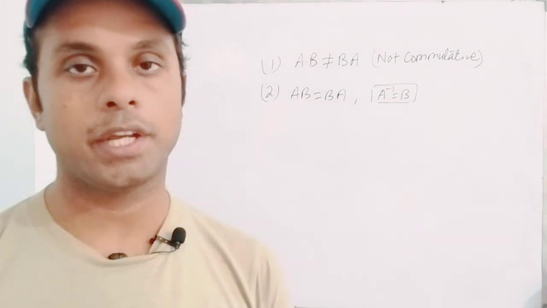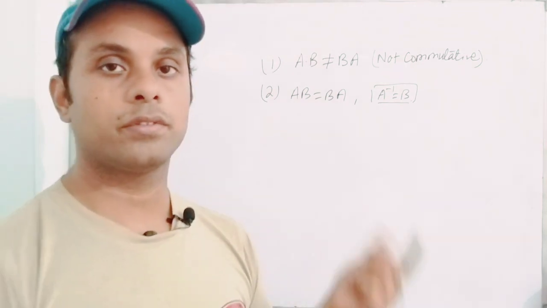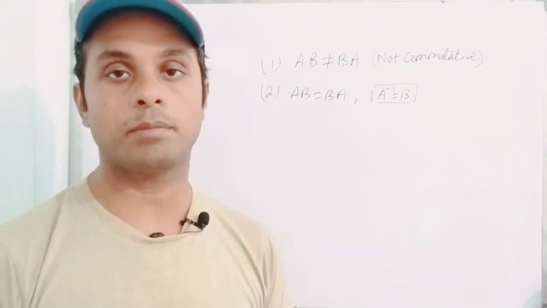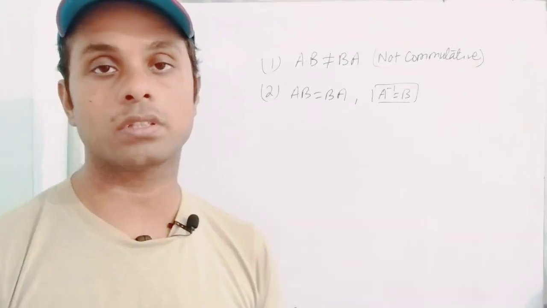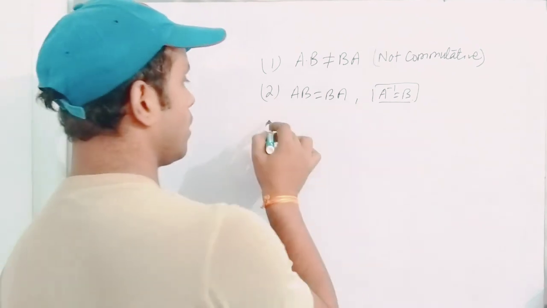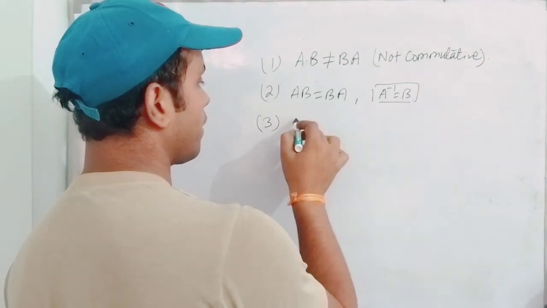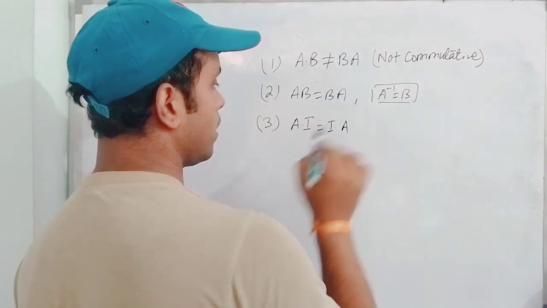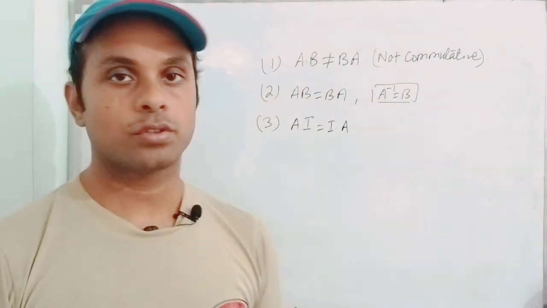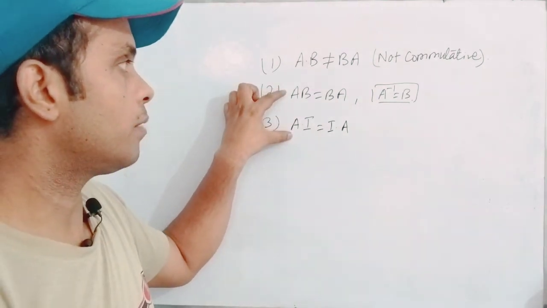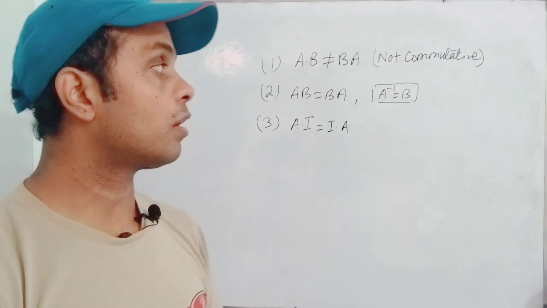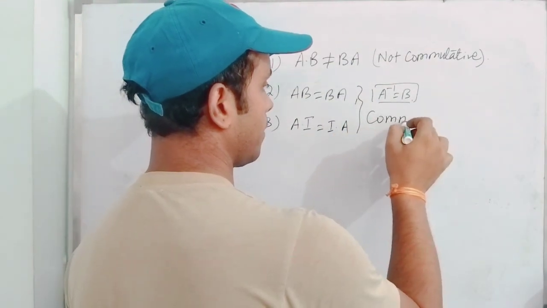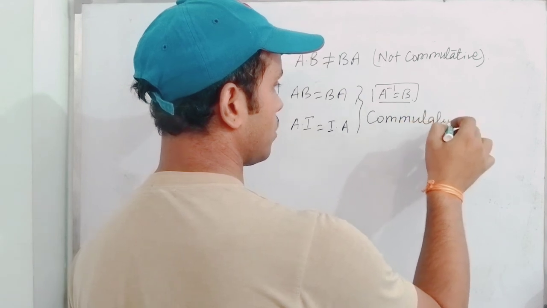Multiplication is commutative if and only if their product is an identity matrix, basically if they are the inverse of each other, or A times the identity matrix is the same as I times A. So these are the two conditions when matrix multiplication is commutative. Otherwise, they are not commutative. So remember this fact also.